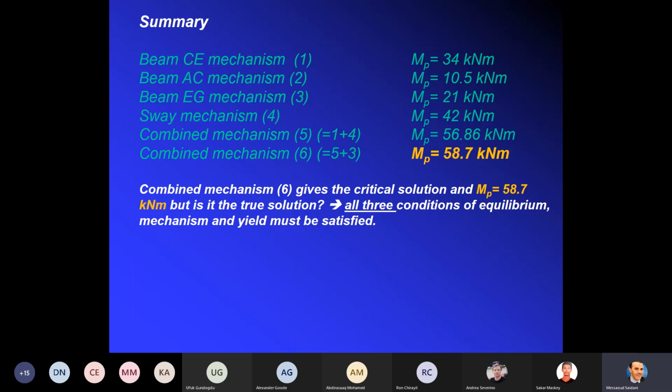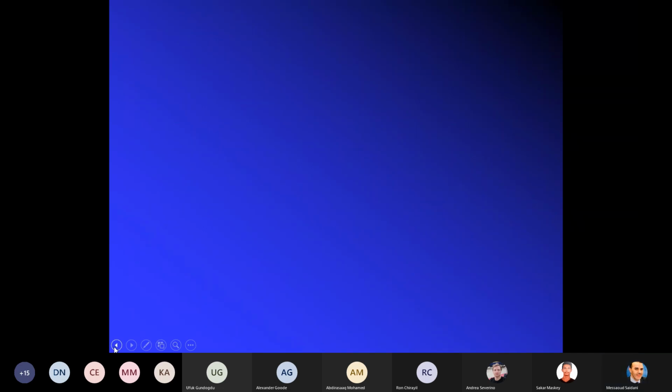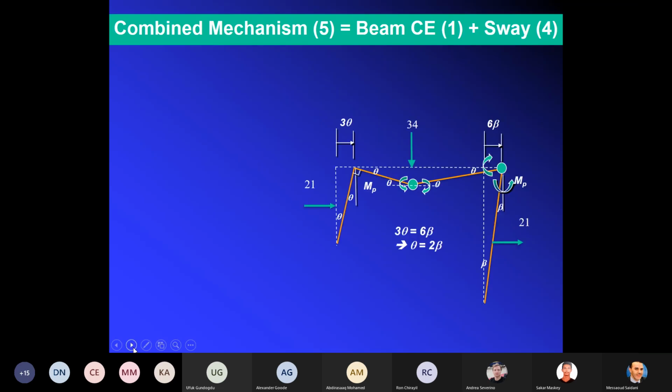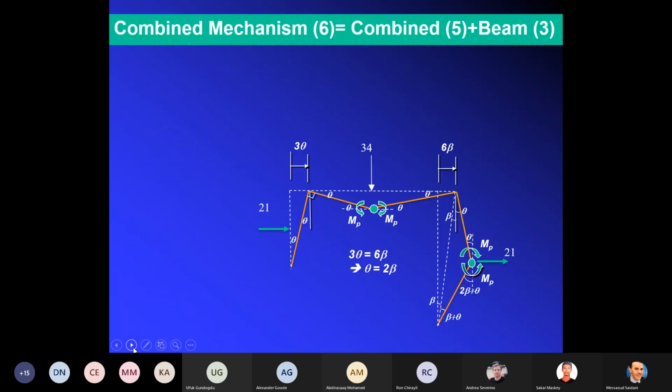Now, the solution is 58.7 kilonewton meters, but the question is, is this the true solution? In order for this to be the true solution, it needs to satisfy all 3 conditions: equilibrium, mechanism, and yield. If I take you one step back, for this mechanism, which is the solution, we have 2 hinges, which is what we need for total collapse.